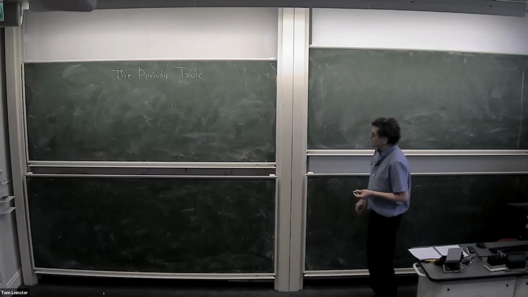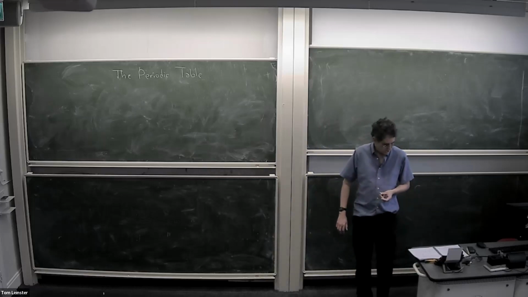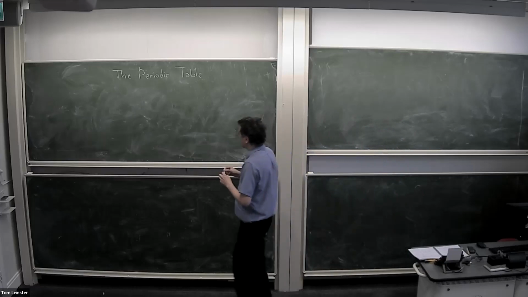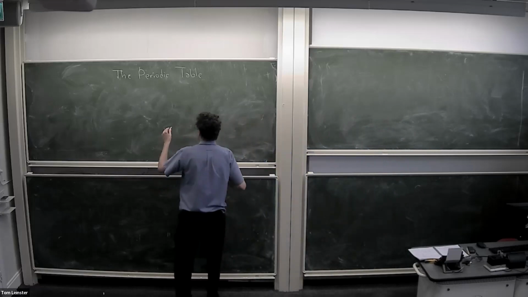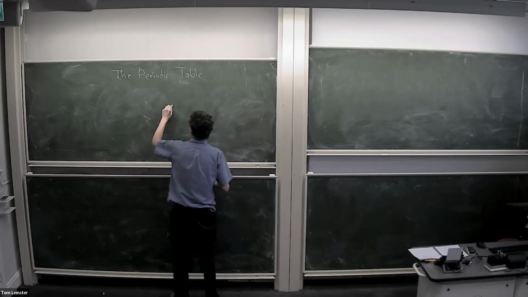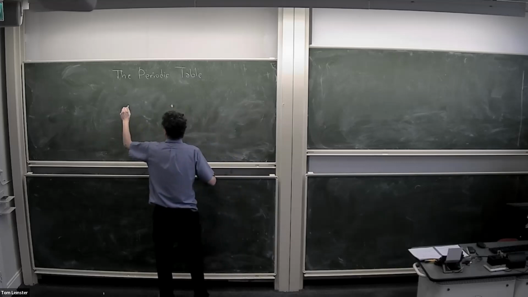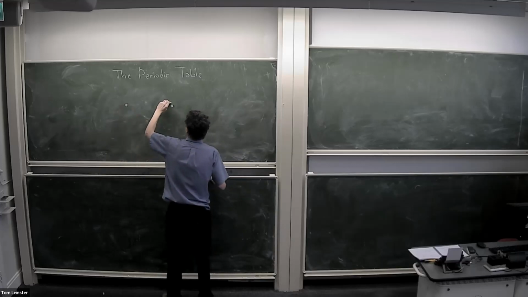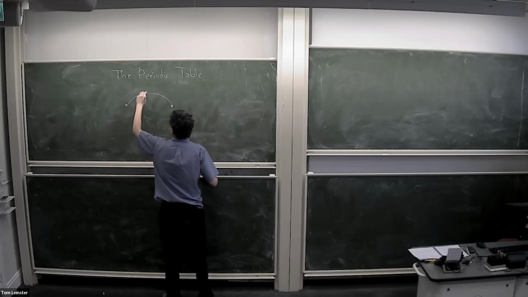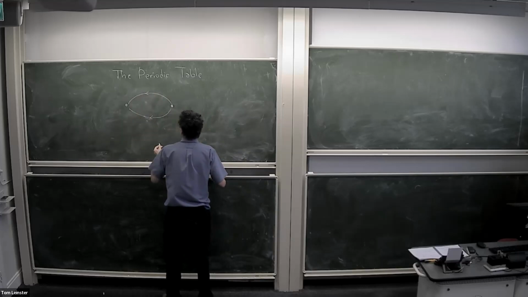So the periodic table is a structure which organizes our concepts about n categories. So what's an n category? Well, I'm not going to say much about it, but I said last time that it's a thing that has a bunch of objects, and then if you have at least a one category, then you could have one morphisms or morphisms between objects.